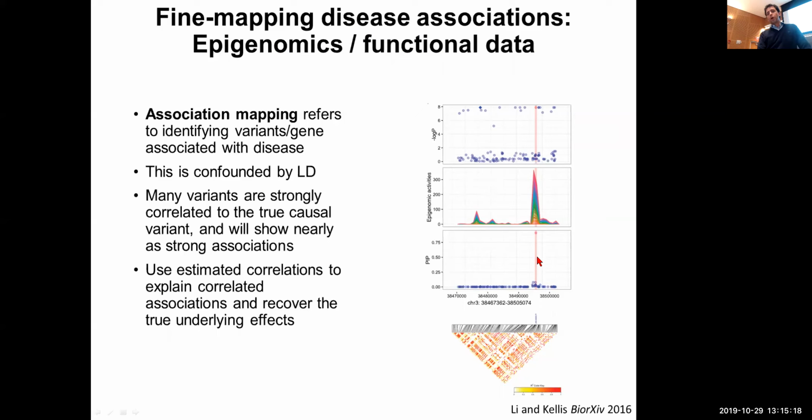So if we have hundreds of loci, and in 50 of those you have overlap with an epigenomic annotation that indicates activity in immune cells, then you might say, okay, great, I'm going to prioritize immune annotations for any one individual locus.